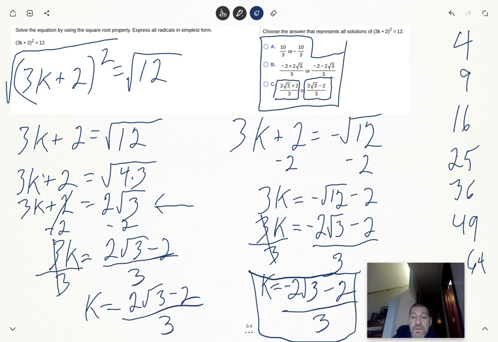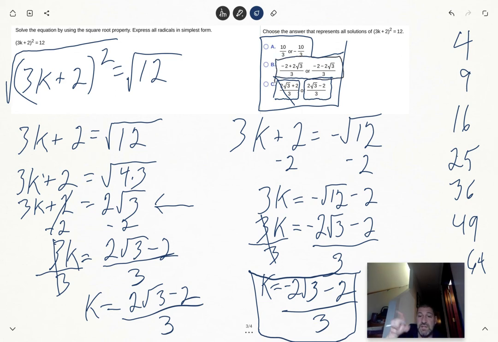And negative 2 square root 3. Okay, I didn't look at that very carefully, so that does not equal that. But both of these up here are equivalent.